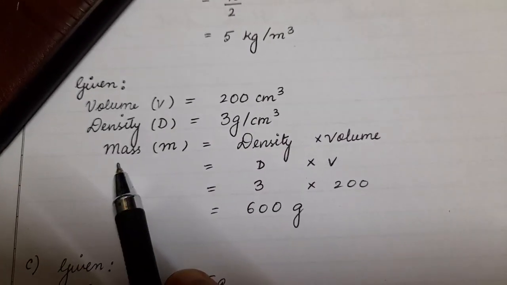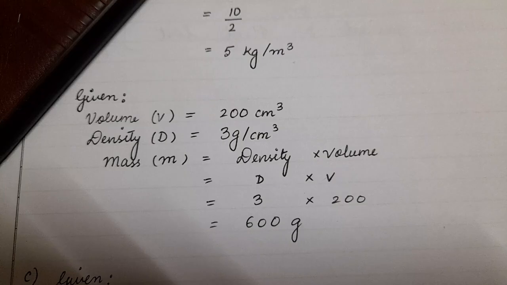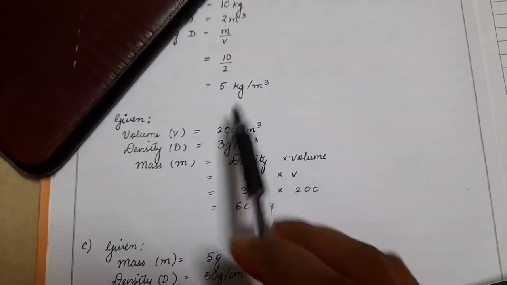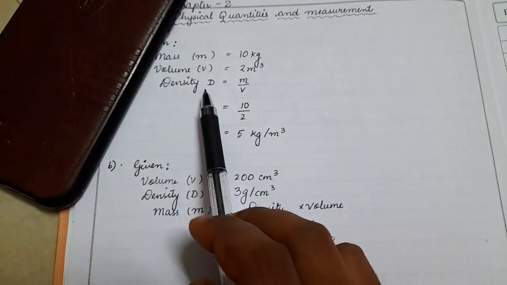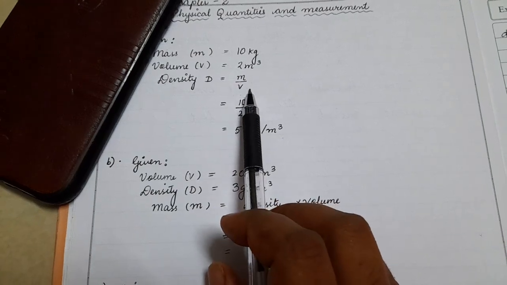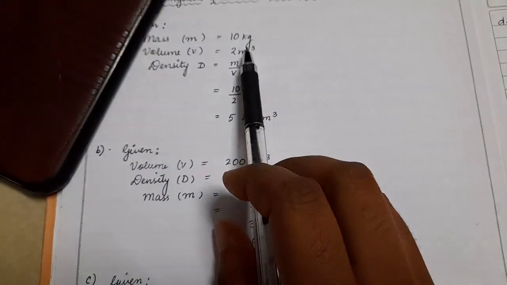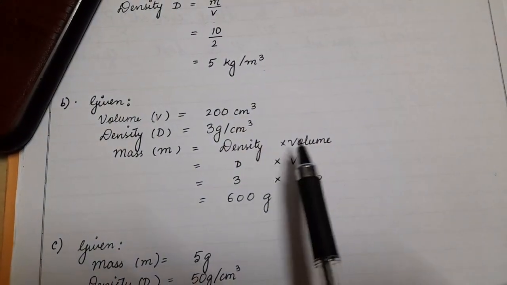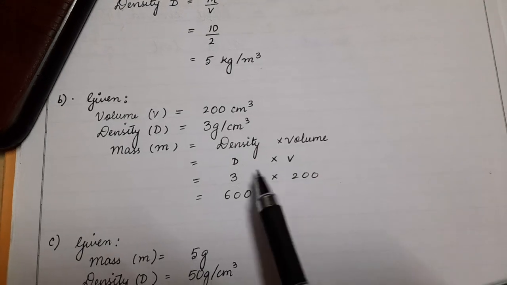So what will be the unit for my mass? Since we know that density is equal to mass by volume, mass will be equal to density into volume, as the volume goes up. So mass is equal to density into volume, d into v.